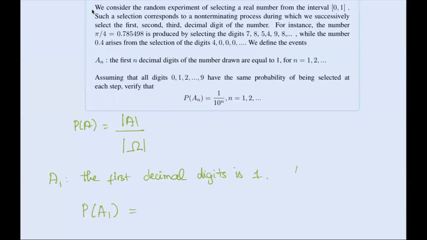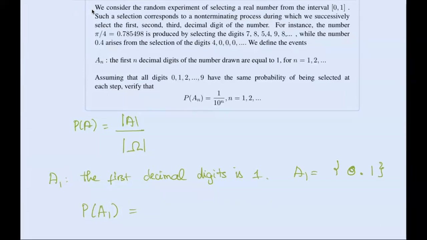So it is when A1 equals like 0.1, right? Because here we are just restricting our focus on the first decimal digit. So A1 would be something like 0.1.